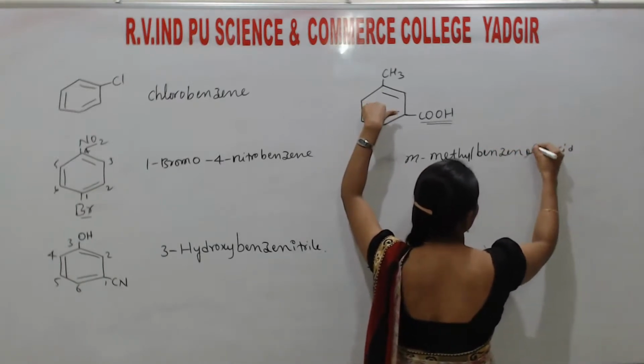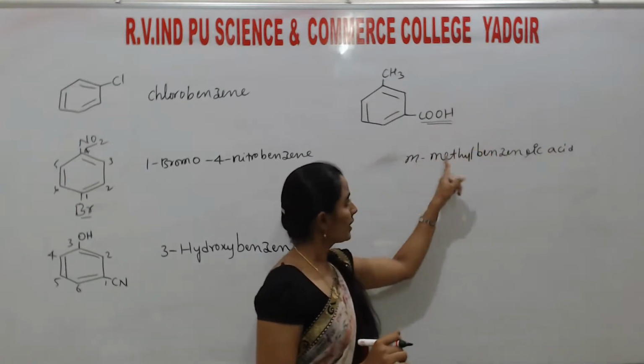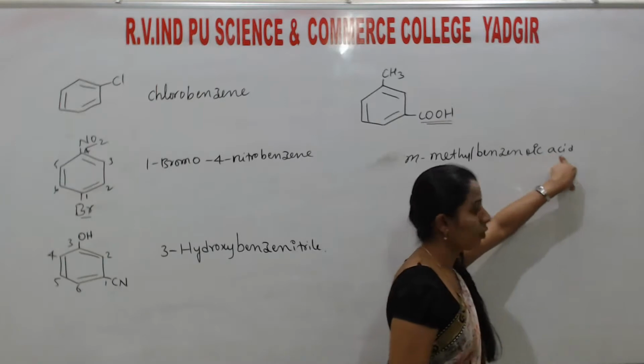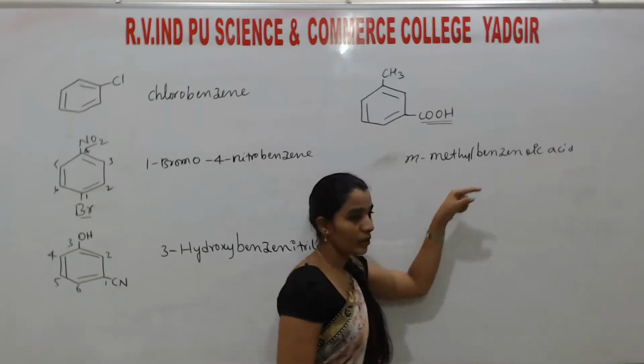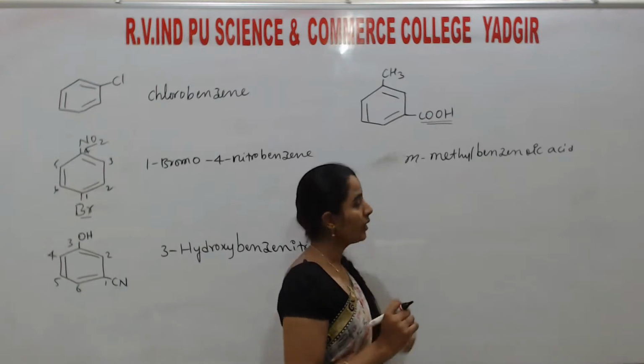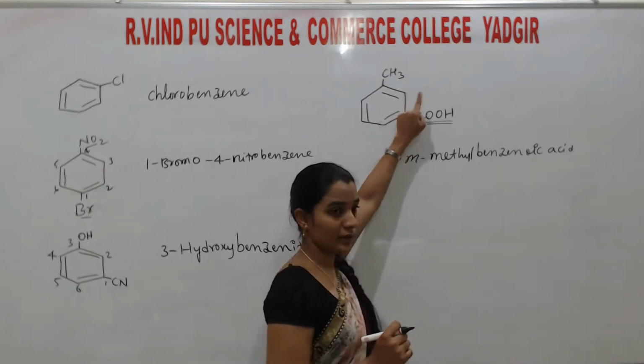There is no need to write the number here. Meta, methyl, benzeneoic acid. That means this oic acid and this methyl group are meta to each other.